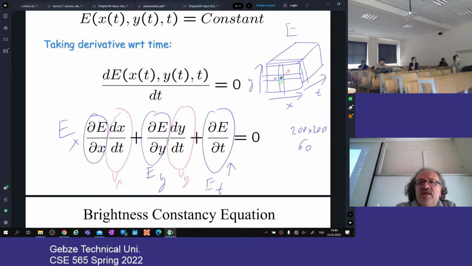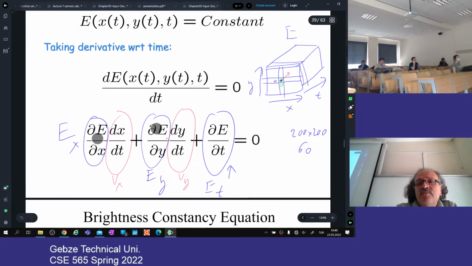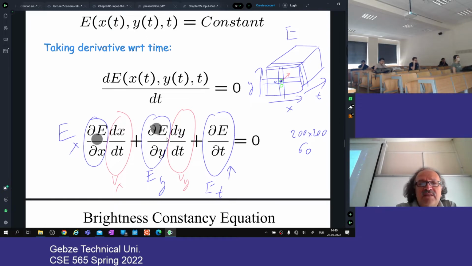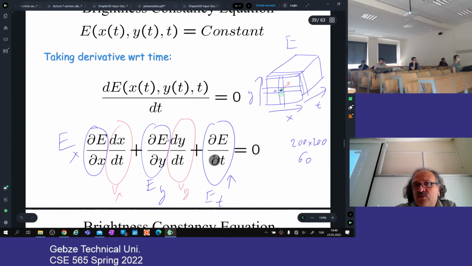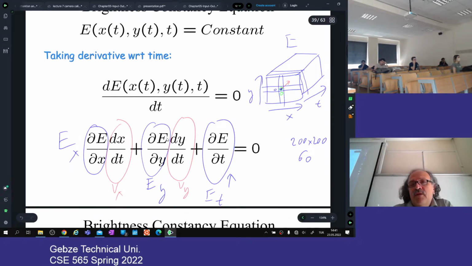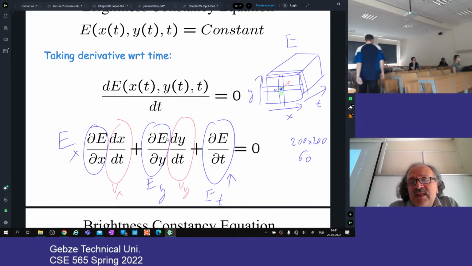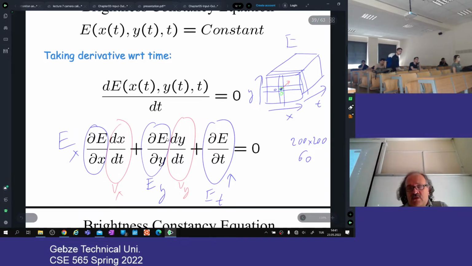I can easily calculate this one and this one and this one. We have been calculating these two many times, right, for edge detection, corner detection, etc. Now, since we are talking about motion, I can definitely calculate this one too. Those are the three things that I can calculate, and these two things are the things that I would actually like to calculate.